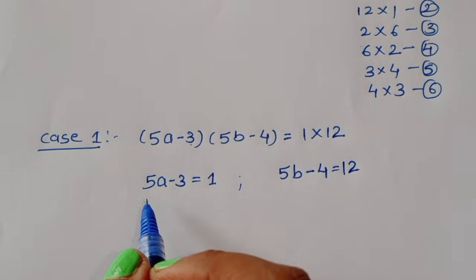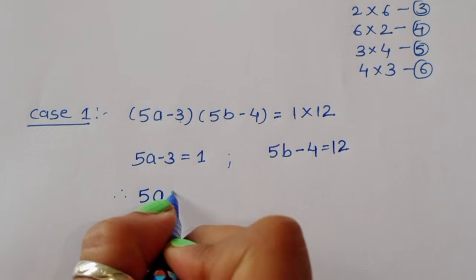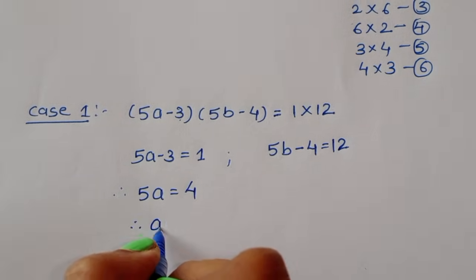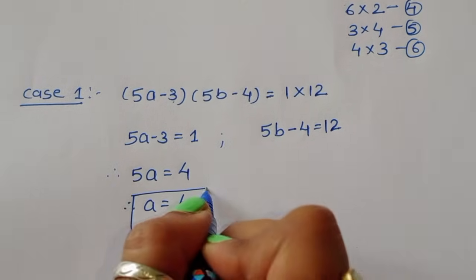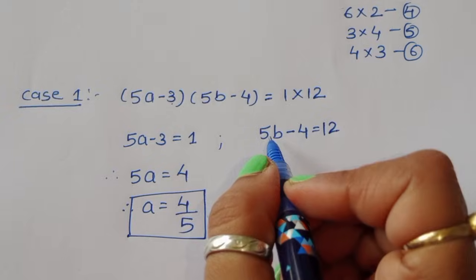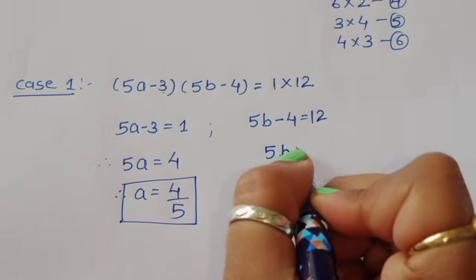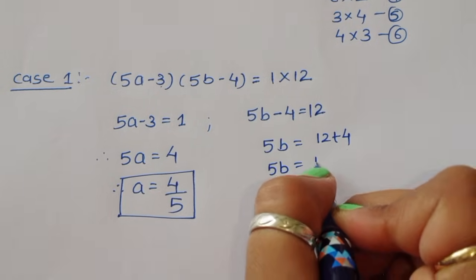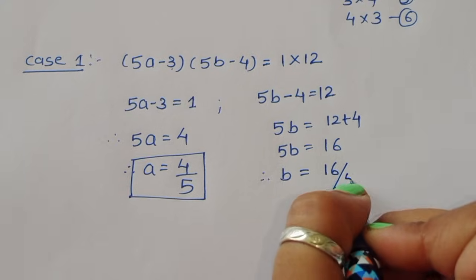Now 5a minus 3 is equal to 1. Therefore 5a is equal to 3 plus 1, 4. Therefore a is equal to 4 upon 5. This is the value of a. And 5b minus 4 is equal to 12. This is equation 2. So 5b is equal to 12 plus 4, 5b is equal to 16, and therefore b is equal to 16 by 5.